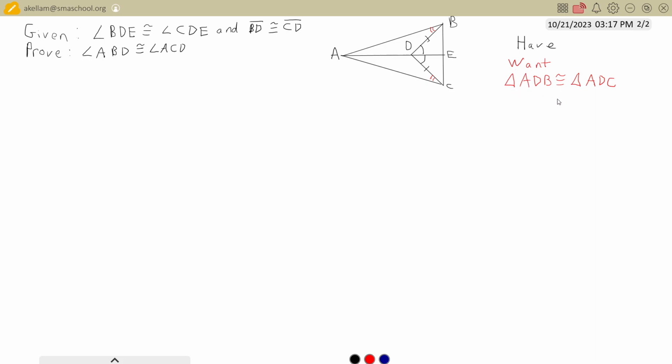So if I can show that these two triangles are congruent, then I will have my congruent angles.